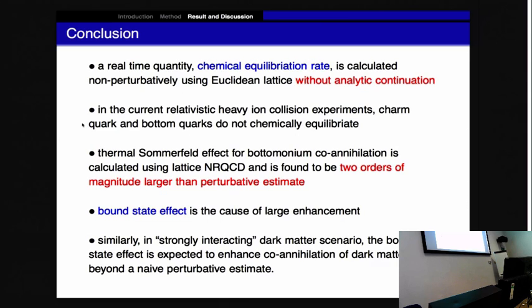And the same thing can be applied to the dark matter case. In other words, people consider dark matter annihilation scenarios to understand the anomalous diphoton signal coming from the center of our galaxy. And in that sort of scenario one needs to worry about this enhancement.